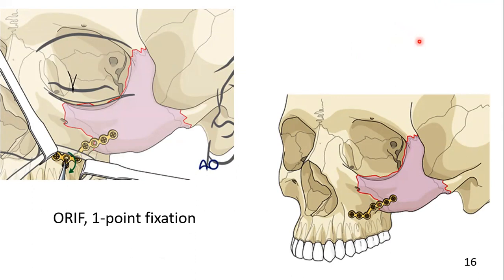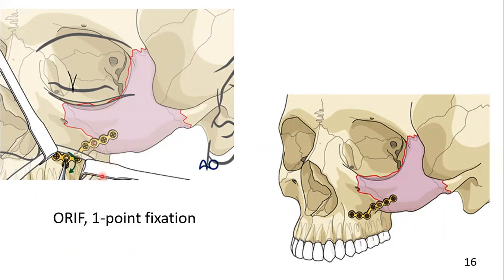Now come to the placement and fixation of the plate. Looking through the maxillary vestibular approach, the fracture of the zygomatico maxillary buttress is reduced, or you can say is aligned. Now, a large L-shaped plate is ideal for the fixation of this fracture.